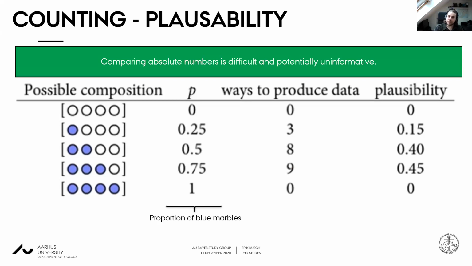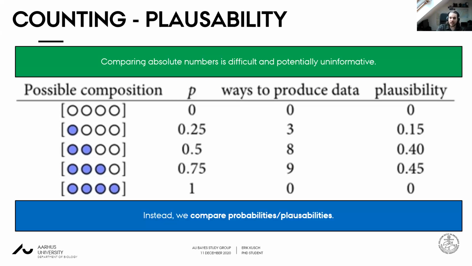So what we can do is multiply a certain plausibility, or likelihood, with the counts that we have, which allows us to compare probabilities or plausibilities, which makes understanding how something comes about much easier in comparing different model outputs.